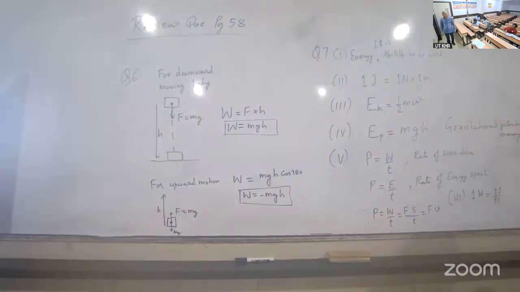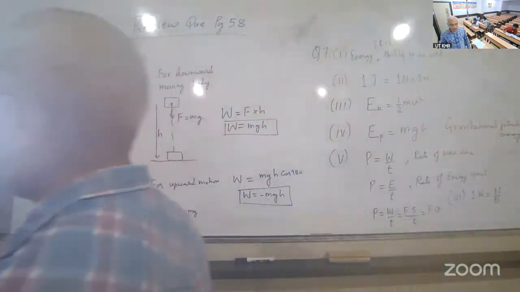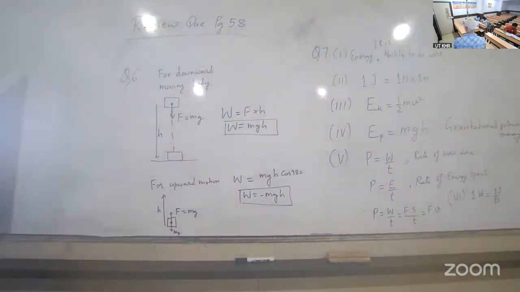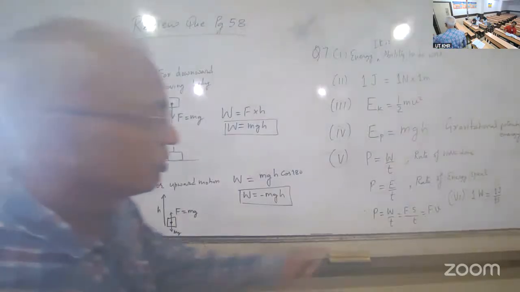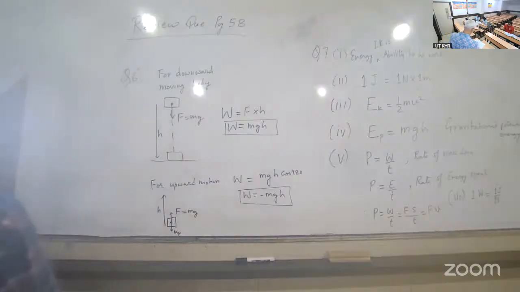So when 1 joule of work is done in 1 second, then we say the power consumed is 1 watt. When 1 joule of energy is consumed in 1 second, then the power consumed is 1 watt.